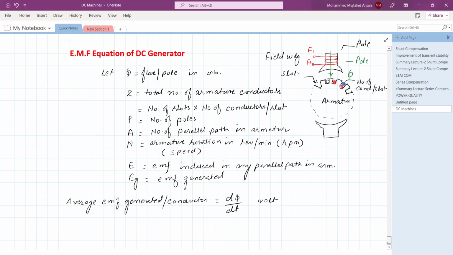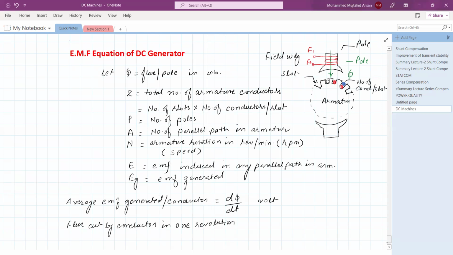Now, the flux cut by the conductor in one revolution, or one complete rotation.